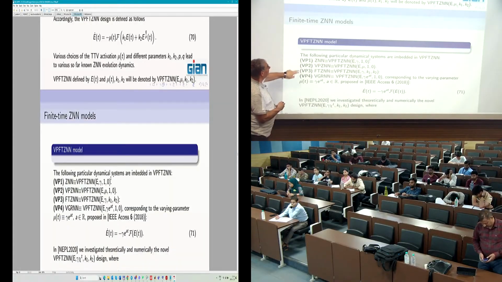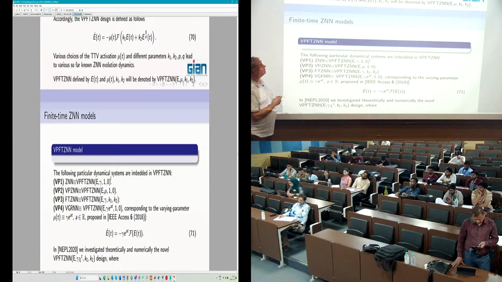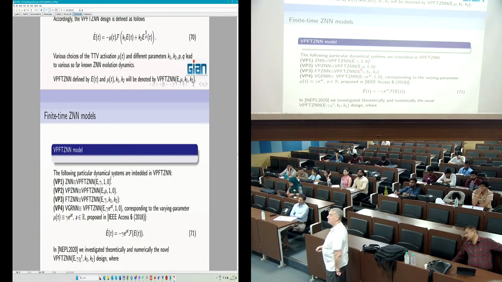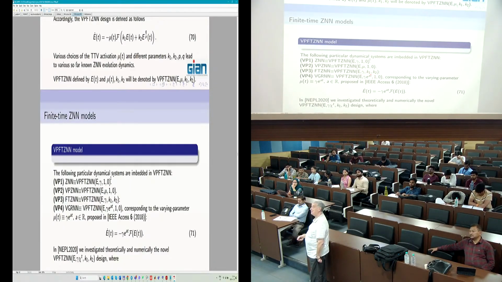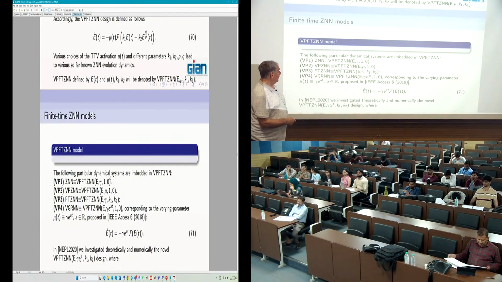Standard ZNN. How we 70? K1 should be constant gamma. If we, without second term, 1, 0. If we use both K1 and K2 and fixed mu of t, proposed first time, and another choice, it was considered in one of the previous publications.